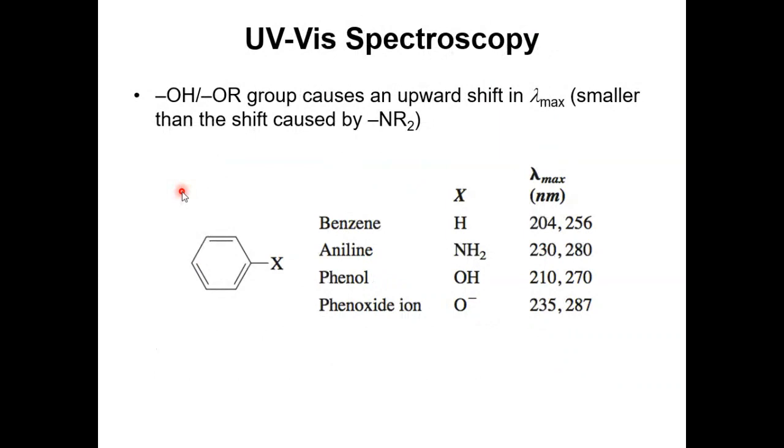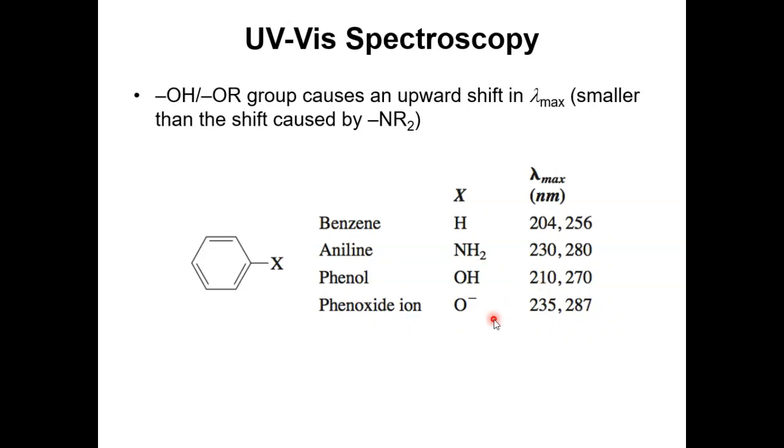UV visible spectroscopy. One thing we can see is that for phenol, the lambda maximum is sort of similar to benzene, but it gives a slight increase of lambda maximum because of the lone pair, probably reducing the HOMO-LUMO gap.